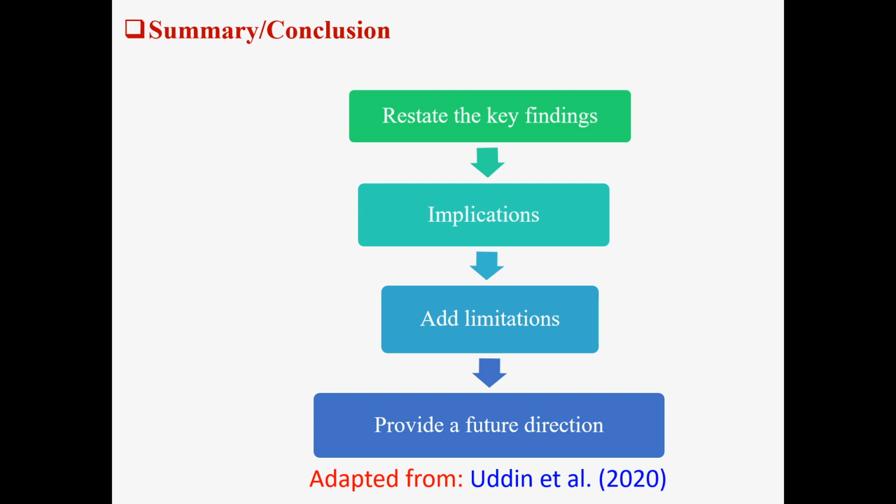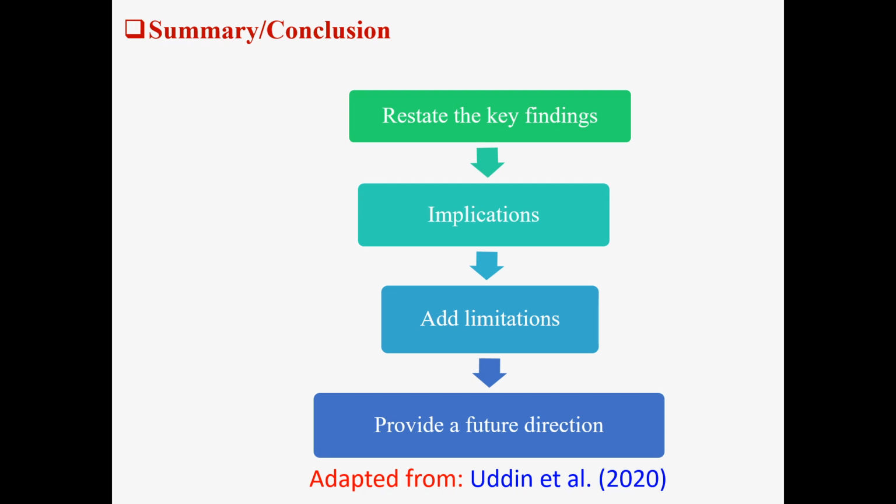Then, we always have limitations. We are not 100% correct. At the end, you should add your limitations. Like for me, in my paper, I only used 19 years, so I said a more long-term data set can be used to see the mode.